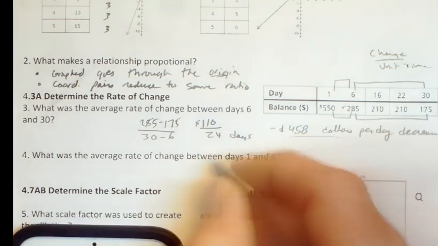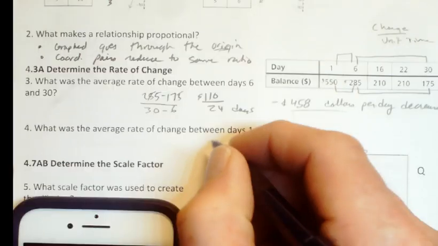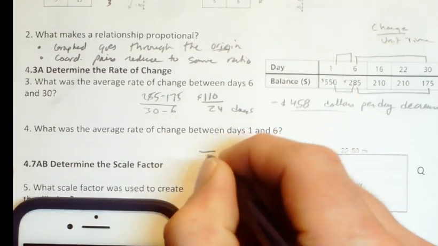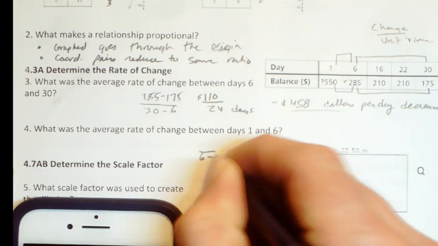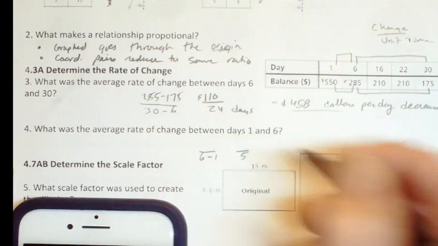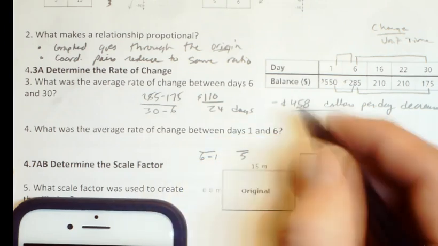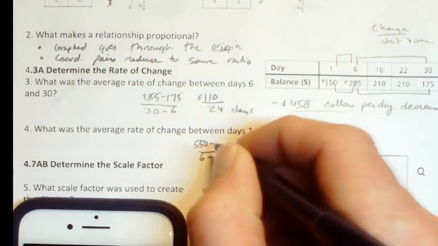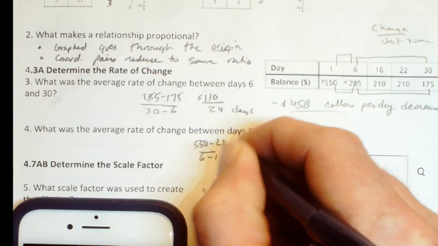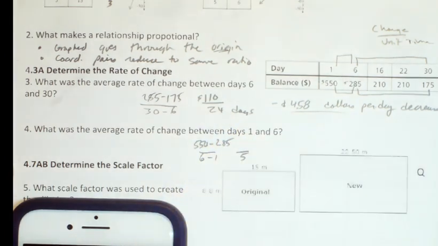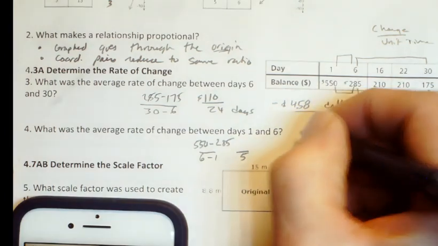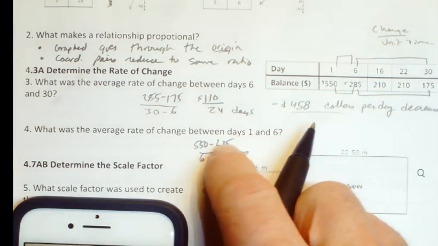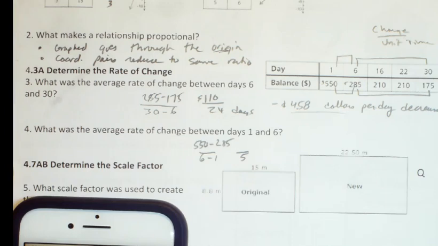So on the days, we've got 6 minus 1 on the bottom, which gives us a denominator of 5 days. And we've got 550 and 285. Notice I reversed the order because I know that it's going to be a negative. If you want to take 285 minus 550, you could. You'll get a negative number, but this is a decrease. We've already established that.